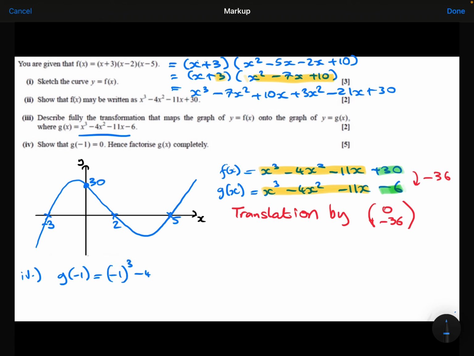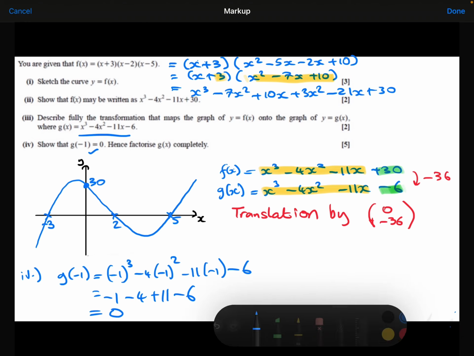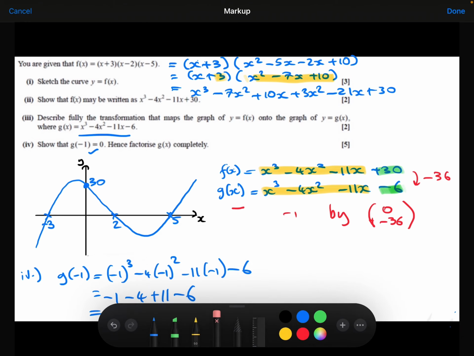So we'll get minus 1 cubed minus 4 times minus 1 squared minus 11 times minus 1 minus 6, which gives minus 1 minus 4 plus 11 minus 6, which does in fact equal 0. So I have shown that g(−1) is equal to 0. And what that's telling me is that x + 1 is going to be a factor.